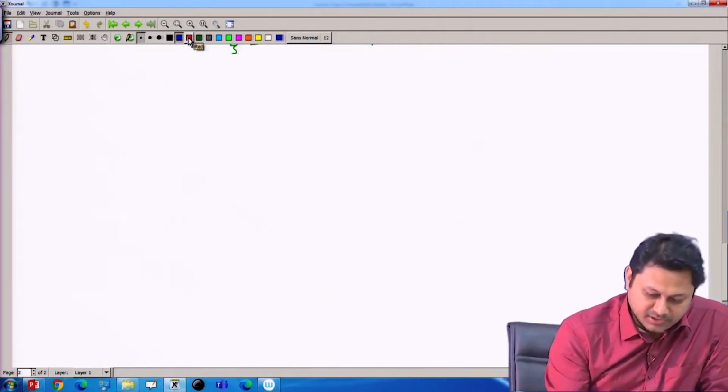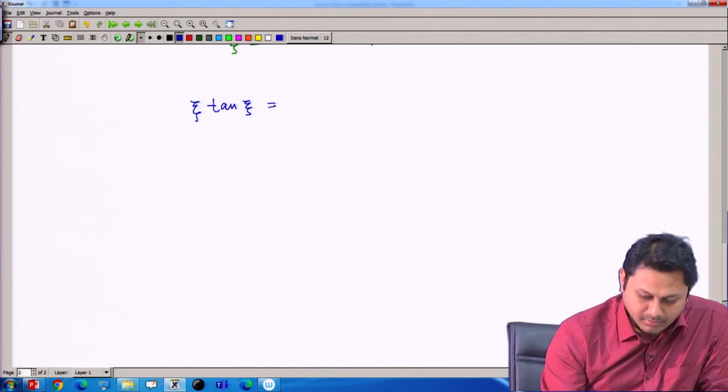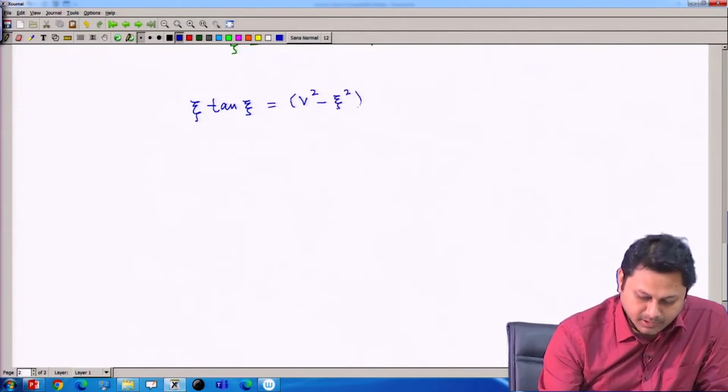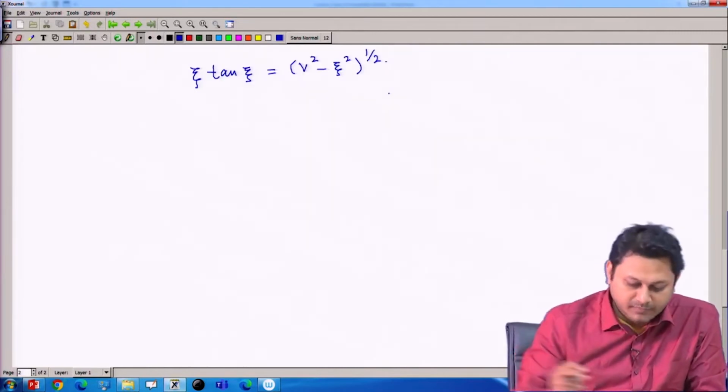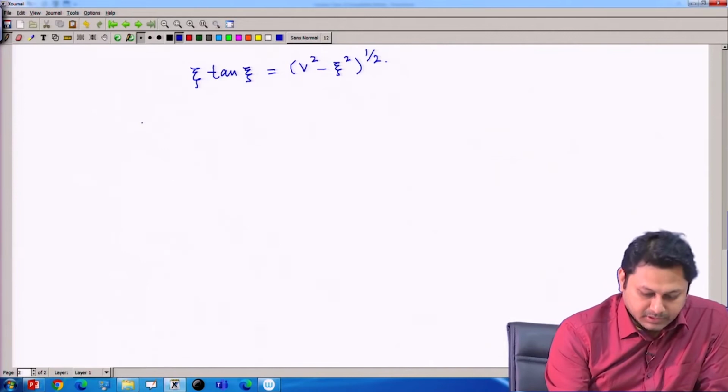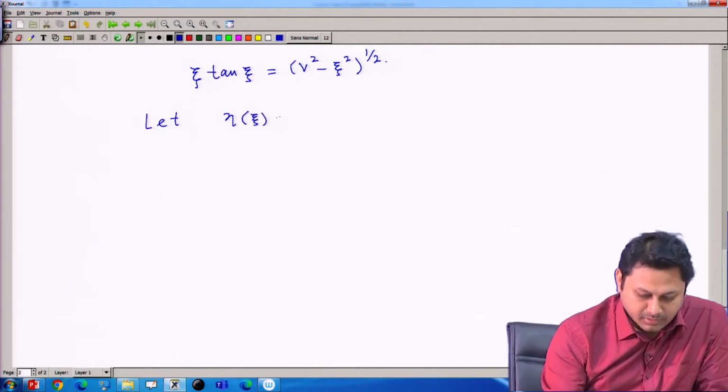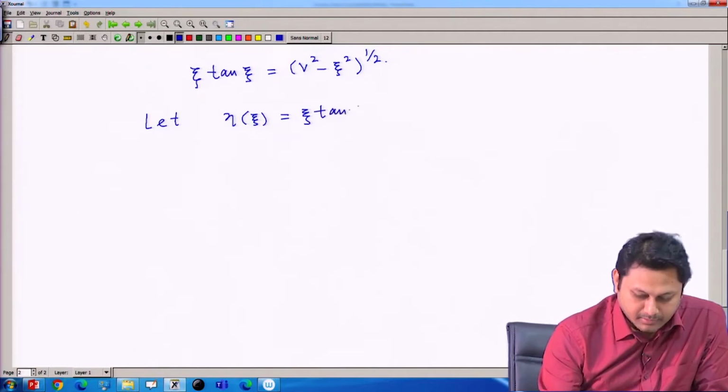So, we have an equation in the form xi tan xi equal to v square minus xi square whole to the power half. What do we do to solve it? Let us define a parameter. Let eta, which is a function of xi, be xi tan xi.